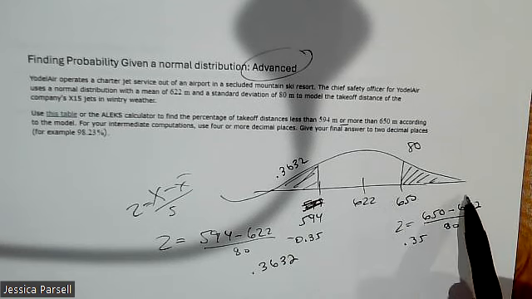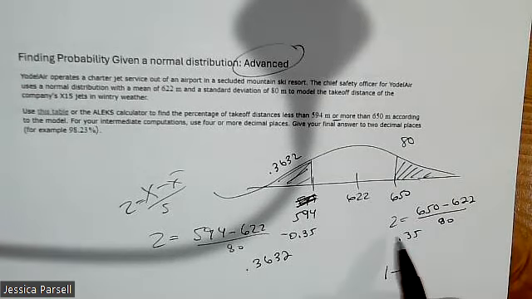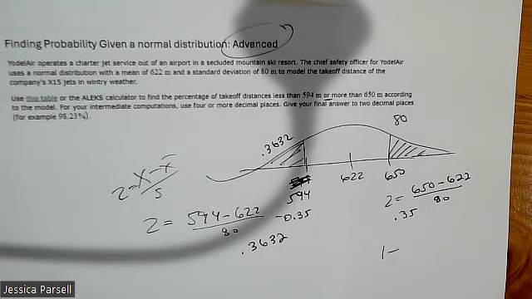Now this is greater than 0.35, so we know we're going to do our 1 subtract. Let's go find what the area is of 0.35. Okay, 0.6368.